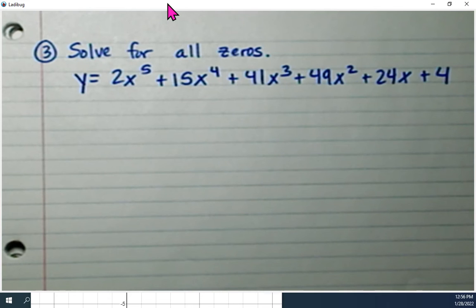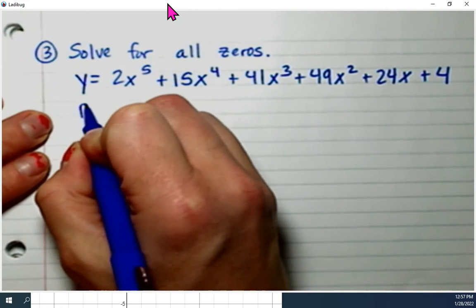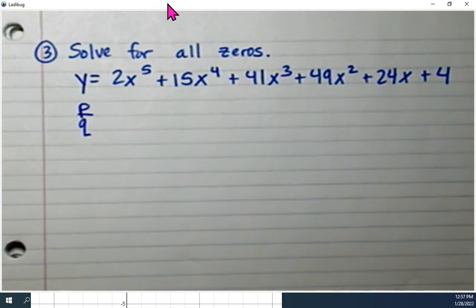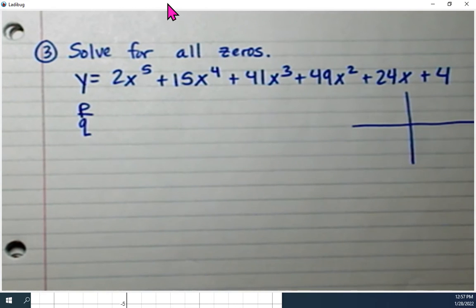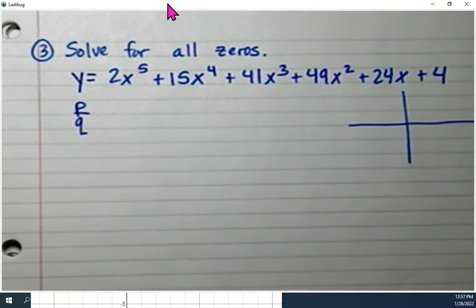Right? There's a lot of terms there. But if you're trying to factor and all of your original techniques aren't working, then do your PQ and synthetic division. So you're going to make a PQ list and a little sketch from Desmos to narrow your choices down.